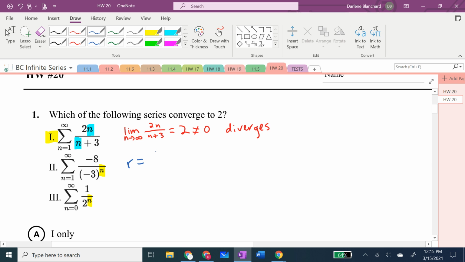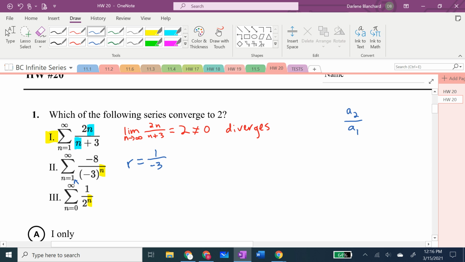You might be able to quickly see that -3 in the denominator is the only thing that has the n exponent. If you don't see that R is -1/3, you can plug in n equals 1 and then n equals 2. If you divide any term by its predecessor, you will get that R.